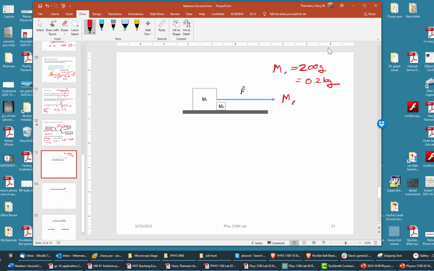And M1 we can call 50 grams, so that's 0.050 kg. And let's say that F equals 0.5 newtons. Oops.